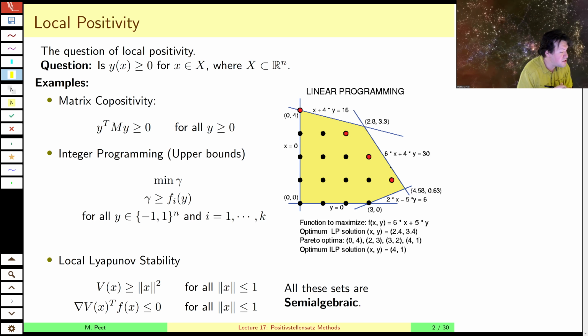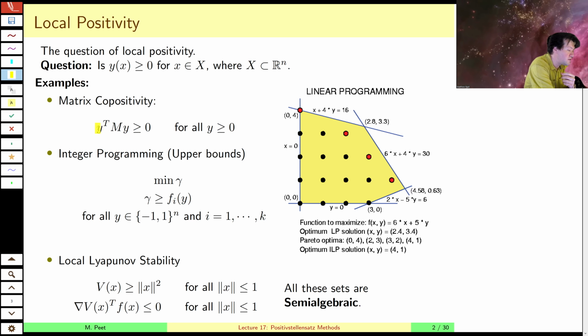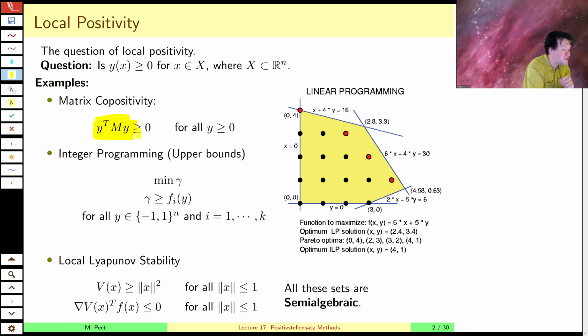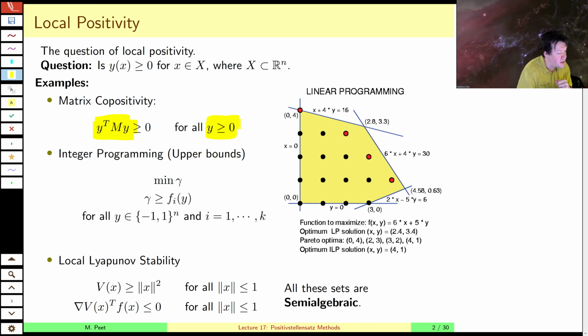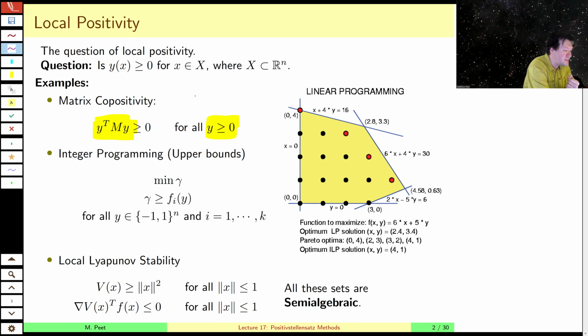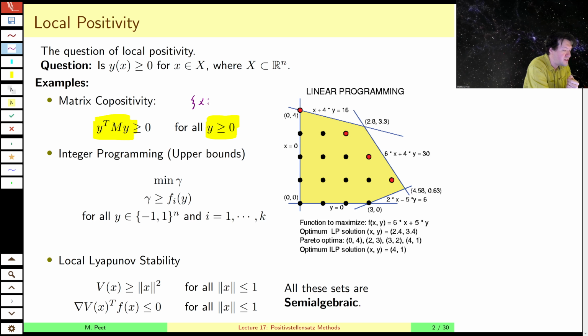Some other examples, some of which we went over earlier and some of which we didn't. The matrix copositivity question: the question of whether this very simple quadratic form is positive on the set y greater than or equal to 0. And notice that in all of our cases, our sets are defined through inequality constraints, on the first slide and in this slide as well.